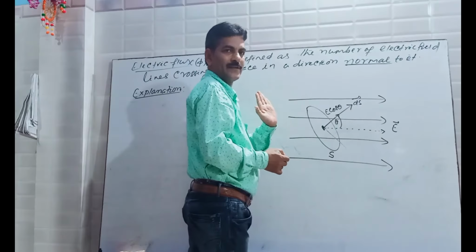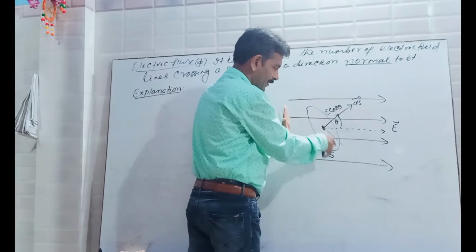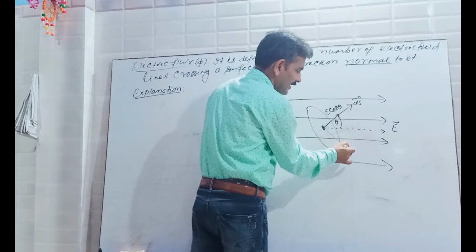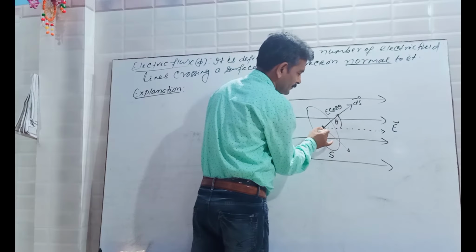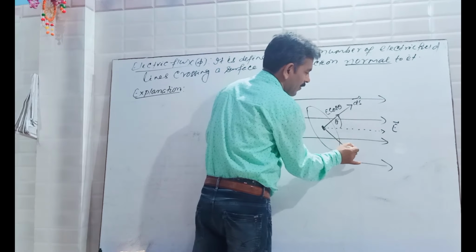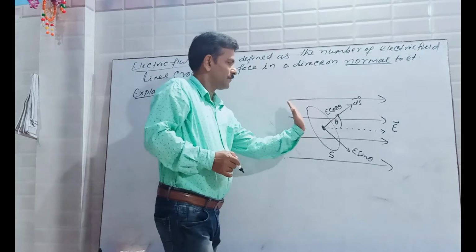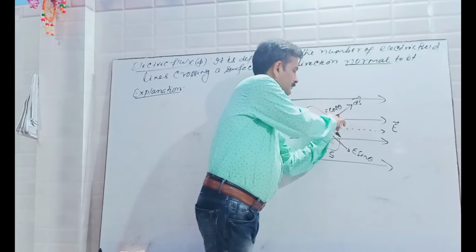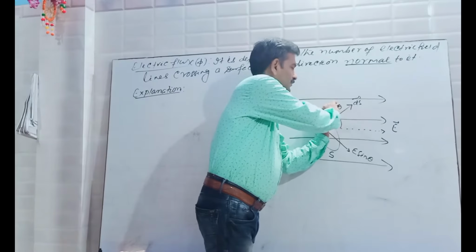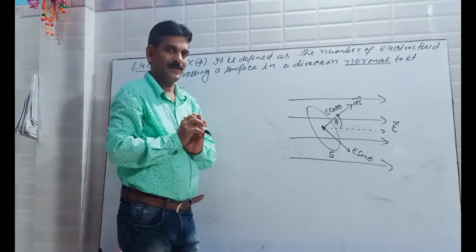E cos theta is perpendicular to the surface, and E sin theta is parallel to the surface.